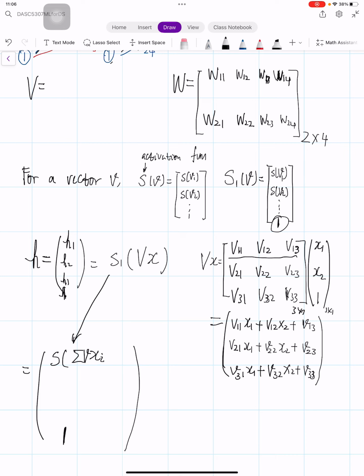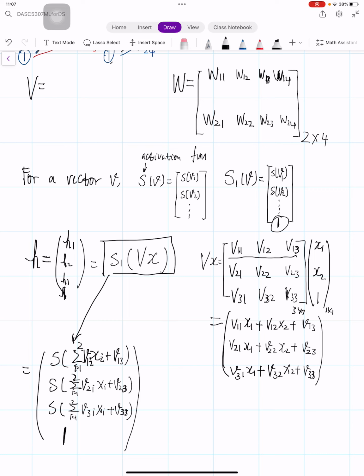So it's S of the sum over i from 1 to 2 of v1i xi plus the constant term v13. This is the first node, using the features i. Then S of the sum over i from 1 to 2 of v2i xi plus v23, and S of the sum over i from 1 to 2 of v3i xi plus v33. We're going to have 2 features. Okay, so this is what it means here.